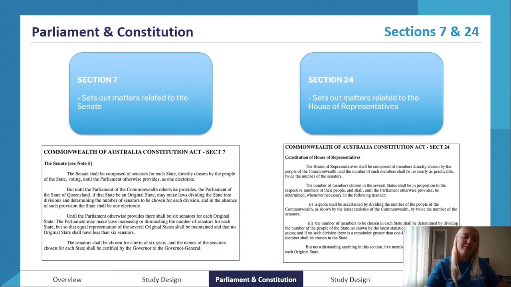Section 7 outlines the matters related to the Senate in the Constitution. So the existence of the Senate, what the composition has to be, and how they will be chosen. We can see directly chosen by the people of the state, voting as one electorate until the parliament otherwise provides. Section 24, on the other hand, sets out the composition and matters related to the House of Representatives, our lower house.